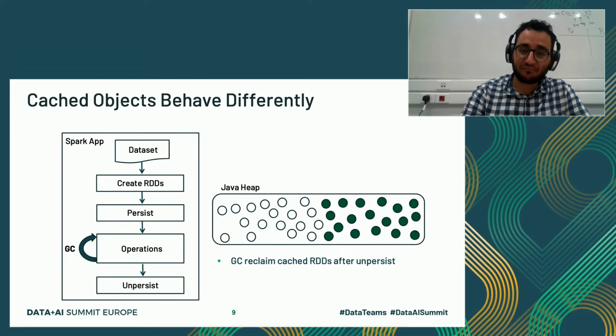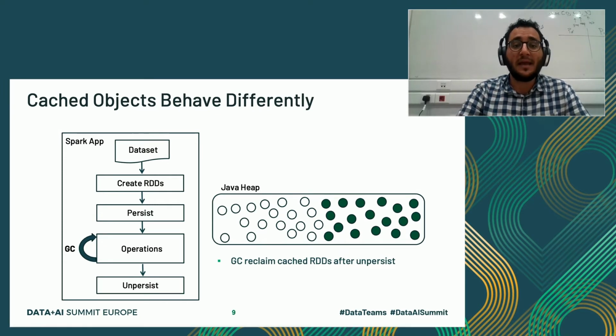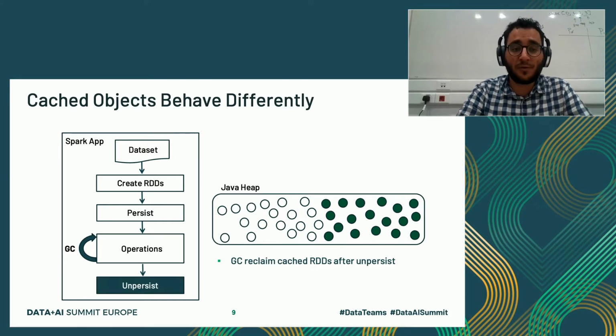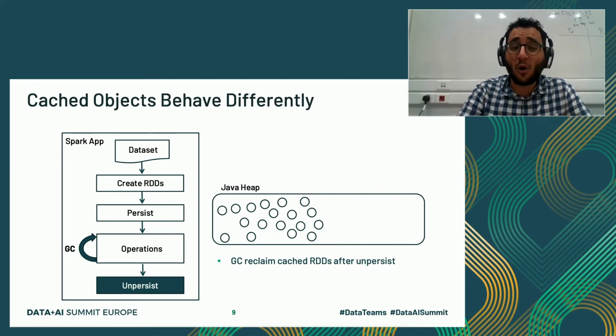So the garbage collector, during persist and unpersist operations, spends a lot of time traversing the whole heap and reclaims a very small portion. Also, the cached RDDs are alive during persist and unpersist operations. Finally, when we do the unpersist operation, the cached RDDs can be reclaimed all together in the next garbage collection.